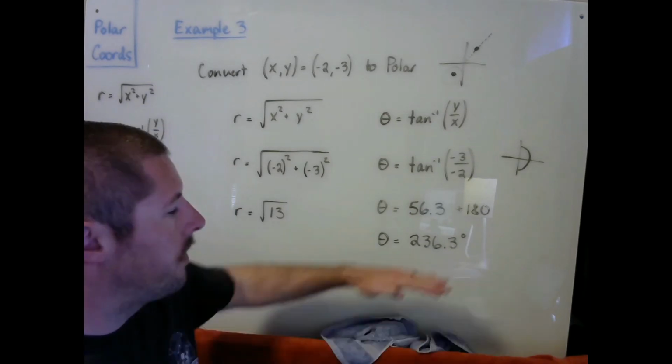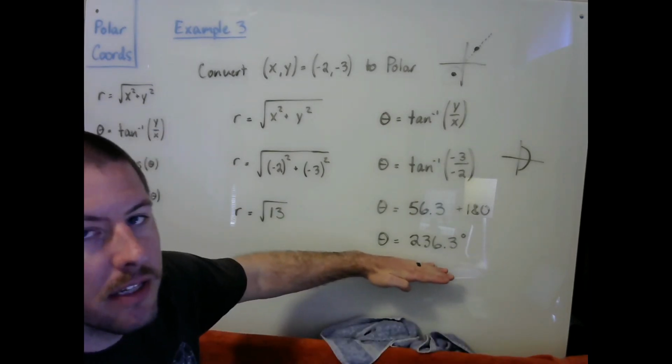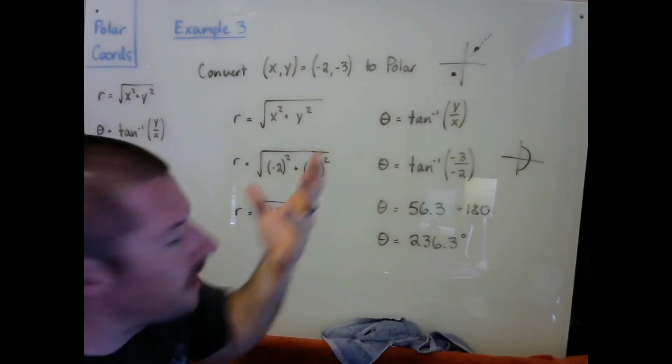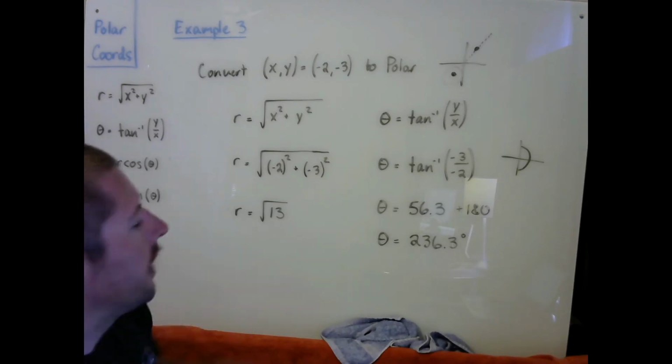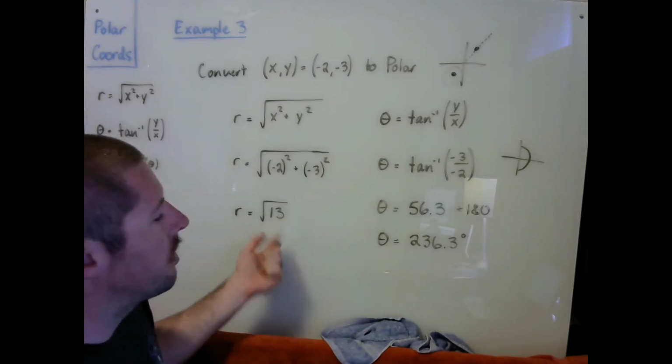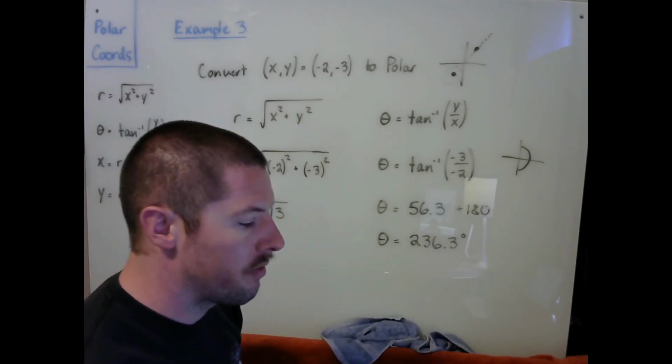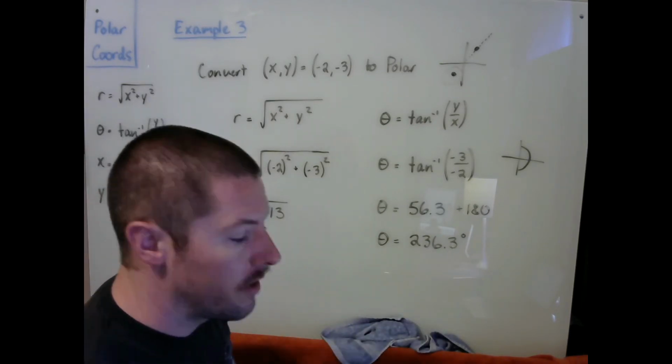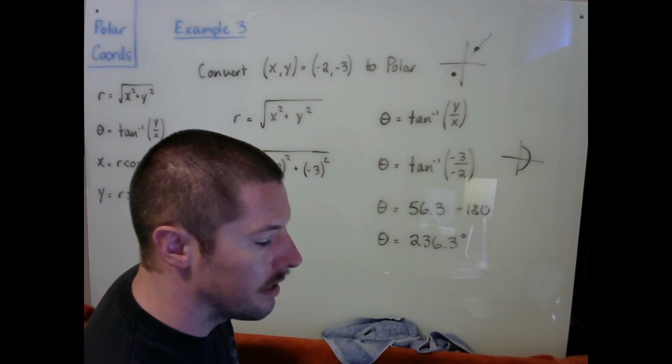So watch out for your thetas. Computing theta is the only one where you've actually got to do a little bit of thinking rather than just direct doing right here. So we've come up with our r comma theta pair of root 13, 236.3 right there. So it looks like we've converted some rectangular points into polar points here now.